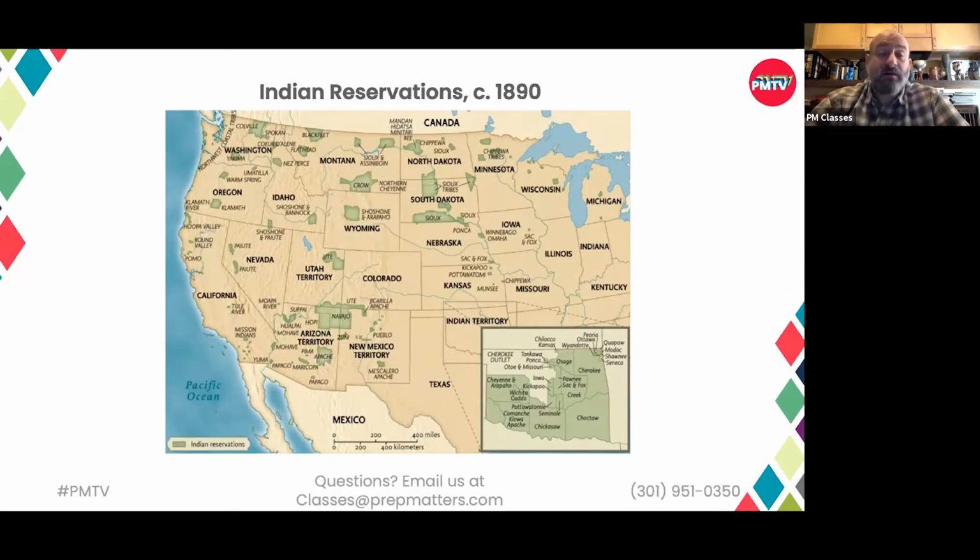The Dawes Act allows for native lands that had been traditionally owned communally to be broken up into individually owned parcels of land, individual allotments that can then be individually bought and sold. And much of the land that Native Americans have gets sold off quickly as people are desperate for whatever cash they can have. And so Native Americans lose more and more land.